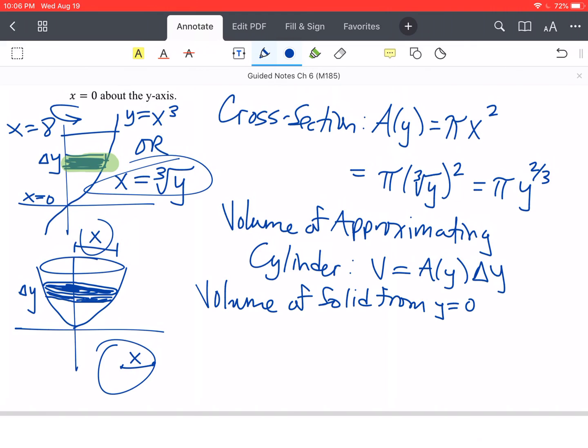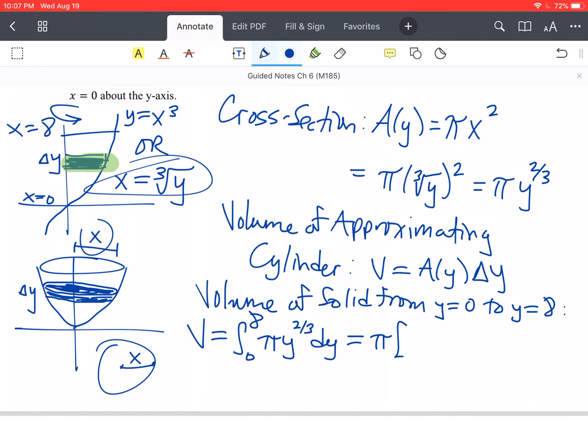from y equals 0 to y equals 8 is going to be V equals the integral from 0 to 8 of pi times y to the 2/3 dy.